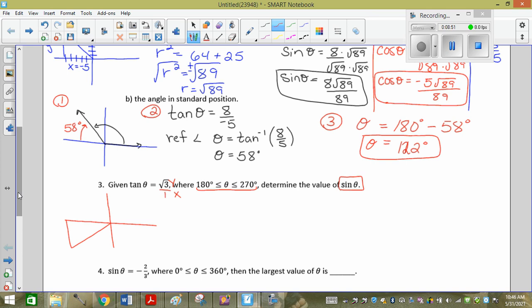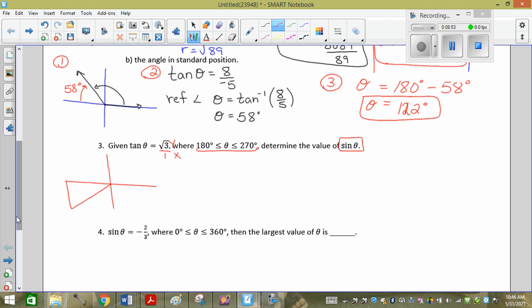Now, I tricked you and put it in this quadrant for a reason, because people will say y equals root 3 and x equals 1. Is that possible in quadrant 3, for them to be positive? No. This here's a negative x, this here's a negative y. And what's a negative divided by a negative? Positive. So it'll look like it's positive, but they're actually both negatives.